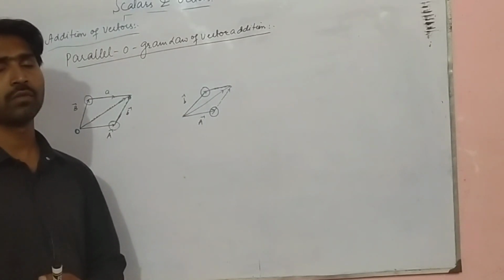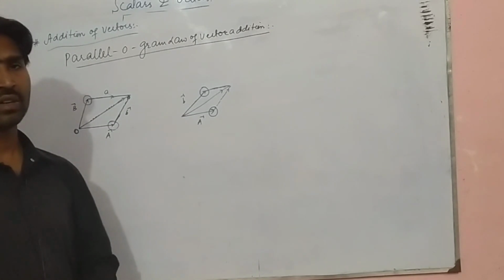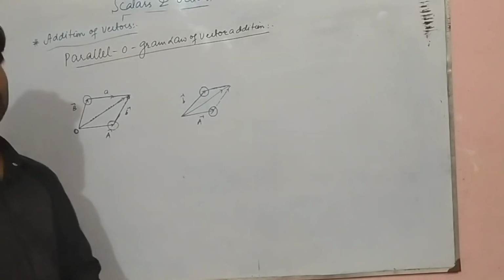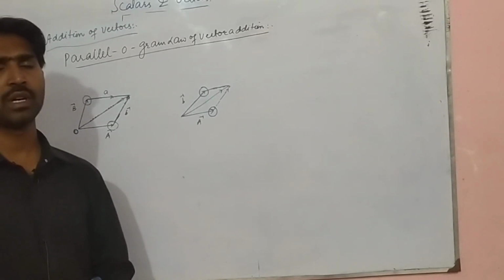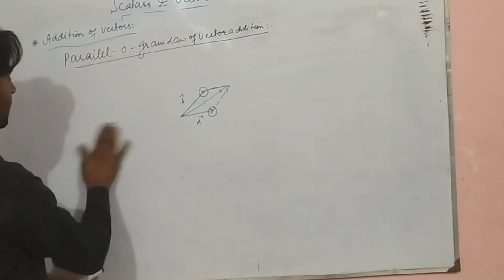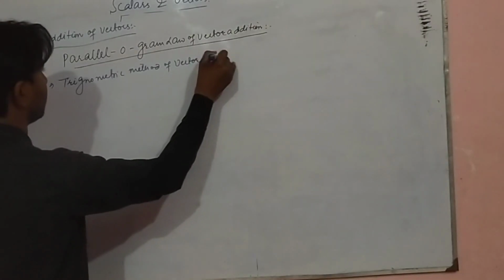In the trigonometric method, we use the laws of trigonometry, so that's why it is called the trigonometric method of vector addition. The types of the trigonometric method are the analytical method of vector addition, and the addition of vectors by their rectangular components method.